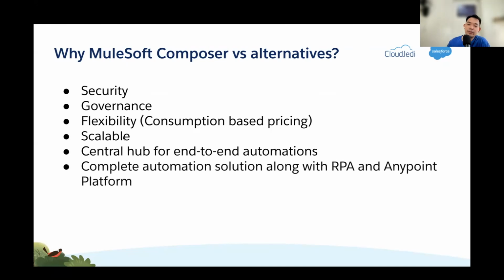It's also what we call a central hub for end-to-end automation. Take note, I'm referring to the Mulesoft Automate package, or the Salesforce Automation Editor. So this specific product, combined with Salesforce Flows, RPA, and the Anypoint platform, is what we call a complete automation solution.